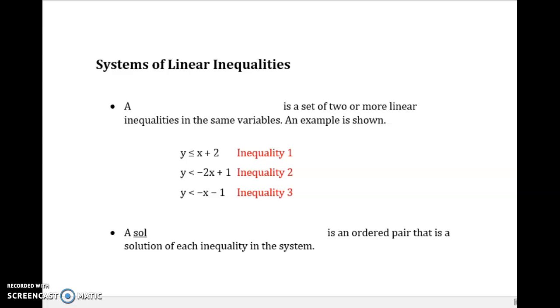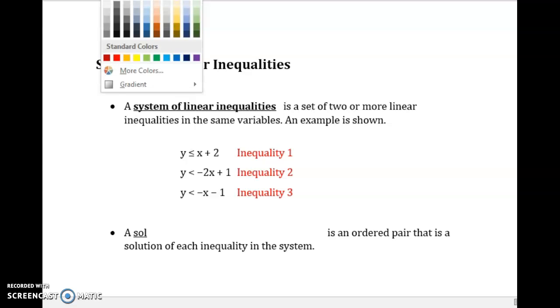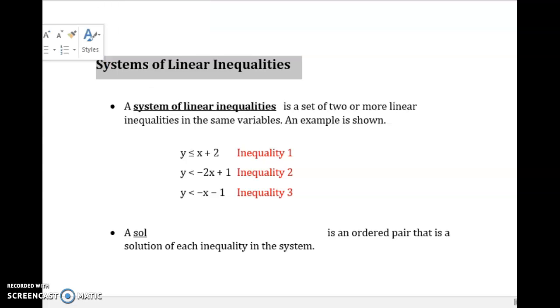So first vocabulary word. A system of linear inequalities is a set of two or more linear inequalities in the same variables as shown below. Just like I said, a system, we would have in some cases more than one. Linear, we got our x and our y's, and then we're going to have some shading, so we're going to do that in just a moment.